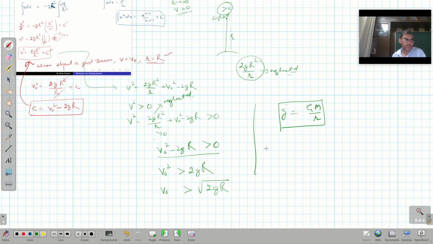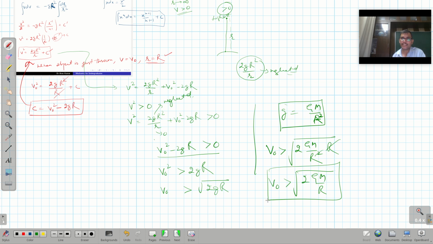So if I put this value, then v naught must be greater than or equal to 2GM upon R square into R, right? So this will cancel out with that. So that means v naught is greater than or equal to the root of 2GM over R. So that's what we are getting here.